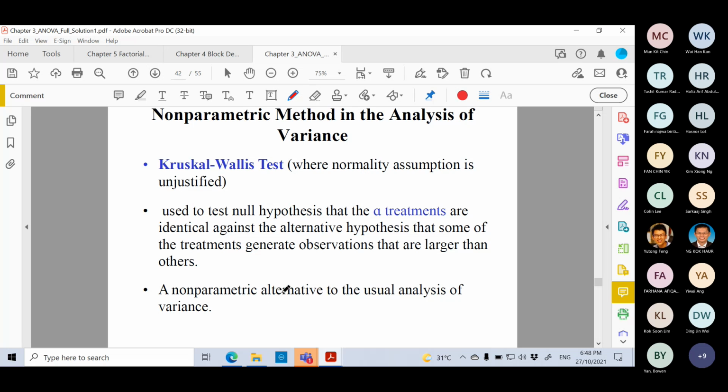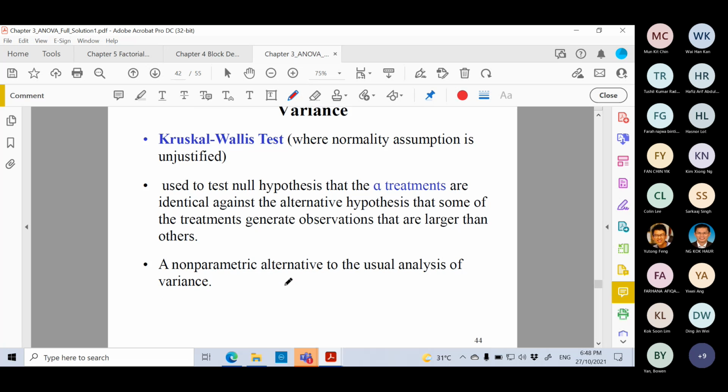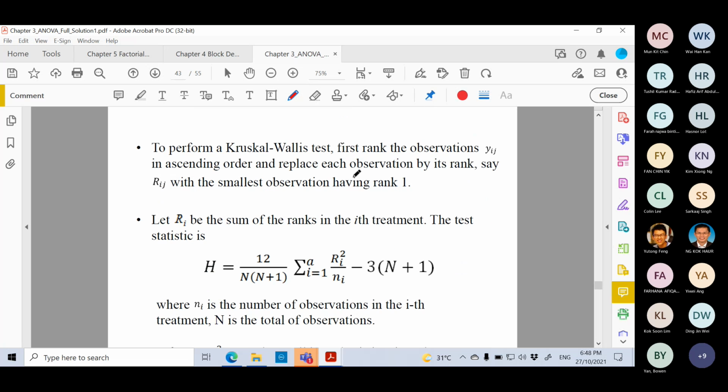Okay. So under the non-parametric test, the technique is just doing the ranking of each treatment. The Kruskal-Wallis will just take care of the rank. They don't care about the data of the observation. The first thing is that in the observation, they replace it with their rank.